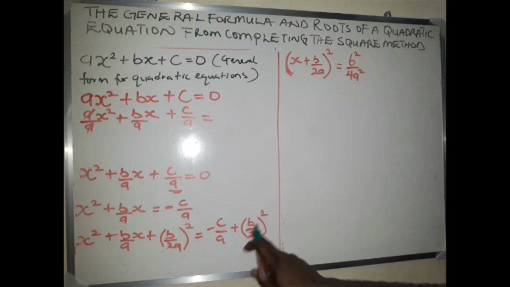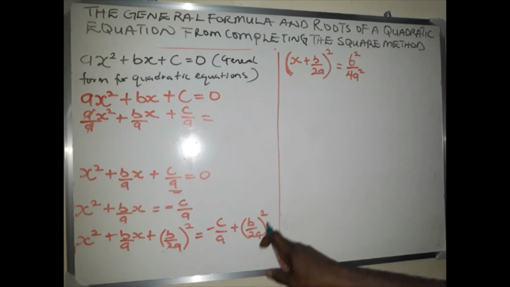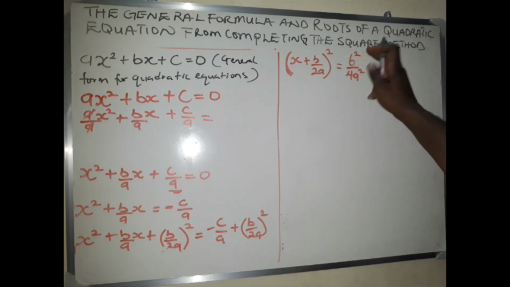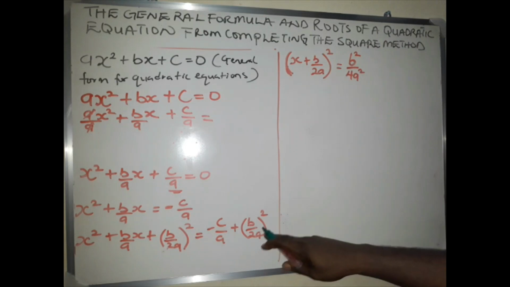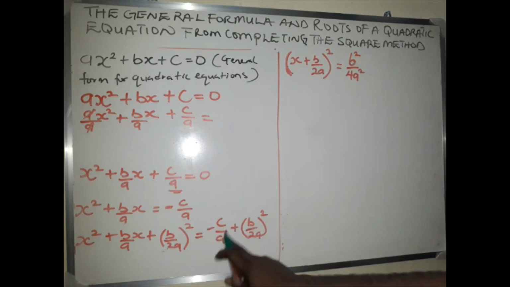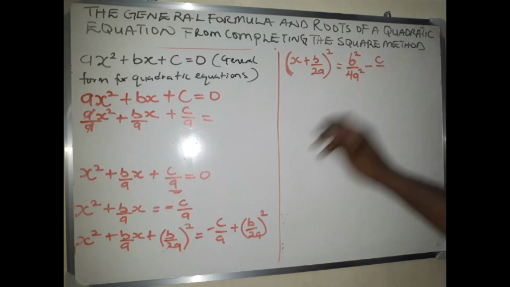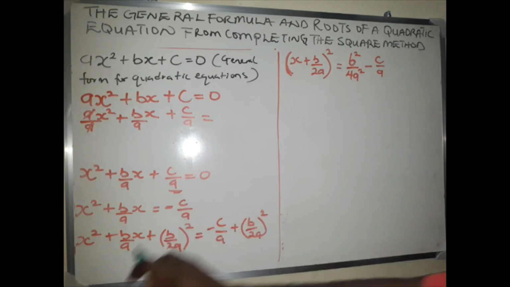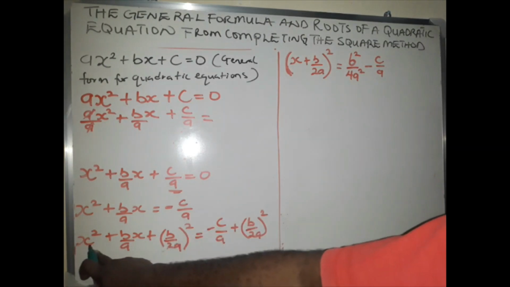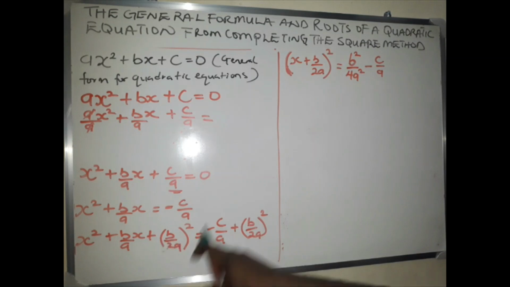We have b all over 2a raised to the power 2, so b over 2a times b over 2a gives you b squared all over 4a squared. Then we'll take this to the other side. It's still the same thing; we only move the expressions about. And for here, we only group the like terms: x plus b all over 2a, the whole thing squared.